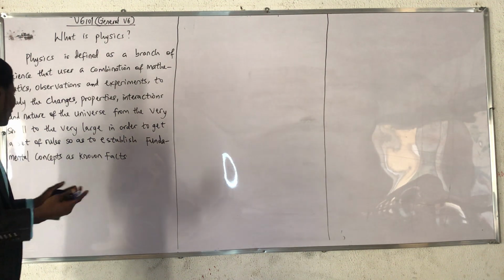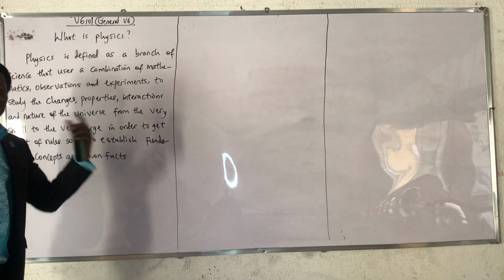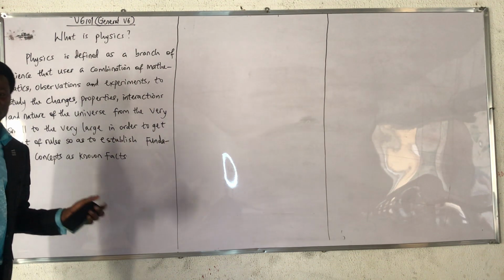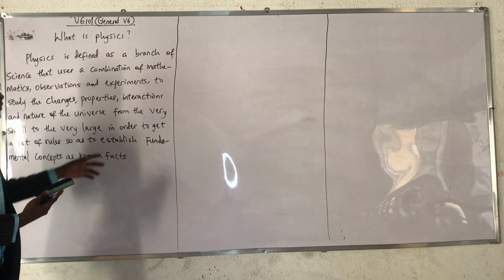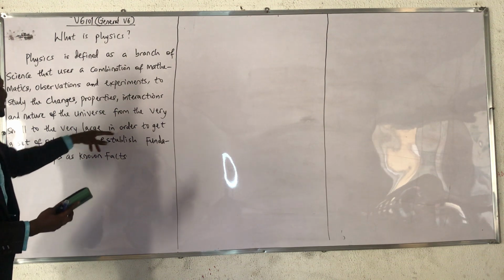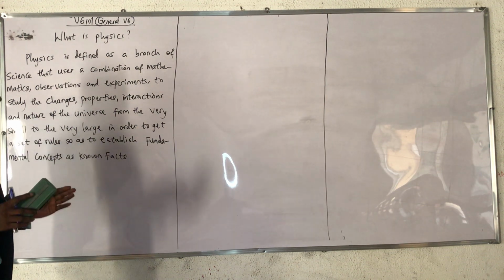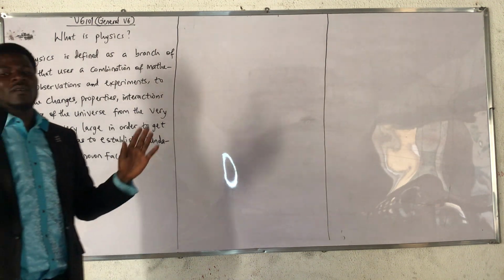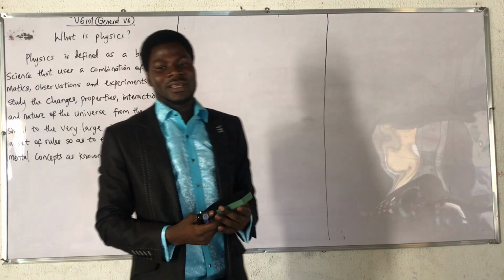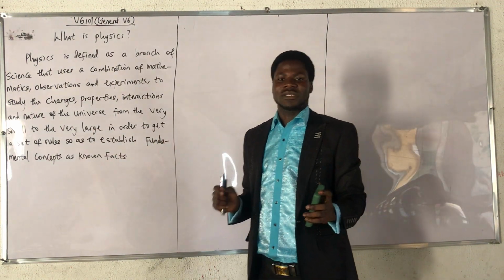Atomic and subatomic level, to the very large, like the planets, the galaxies, the space, the cosmos as a whole. To do what? In order to get a set of rules so as to establish fundamental concepts as known facts. This definition is comprehensive.